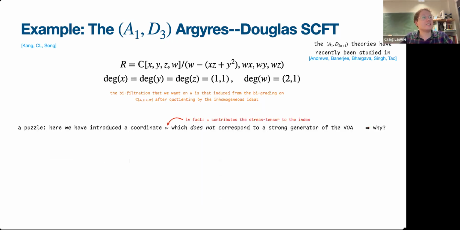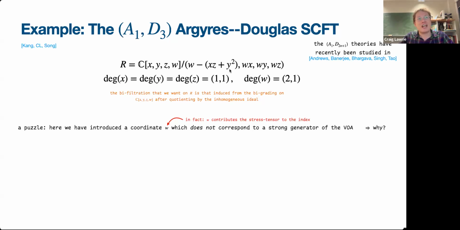There is a bit of a puzzle here. If you think of the vertex operator algebra associated to A1D3, you know it has three strong generators, which correspond to the three elements of the adjoint representation of SU2.